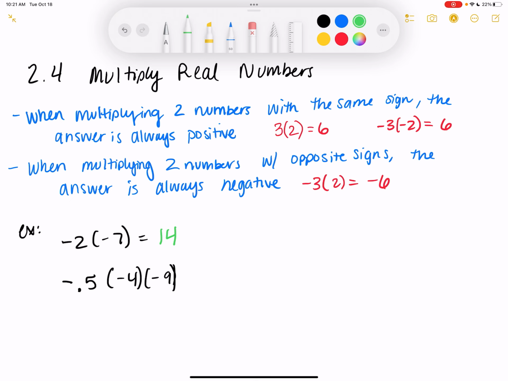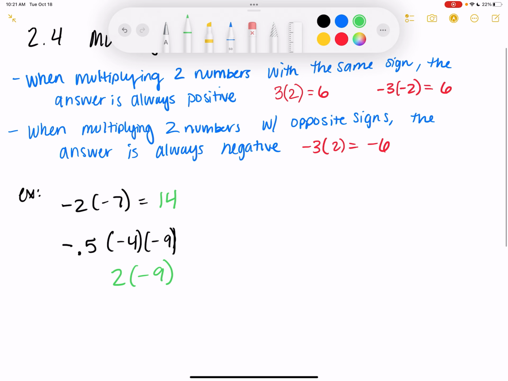And both were negative, so what does that mean? Positive. So this is going to be positive 2 times negative 9. So what is that going to be? Negative 18, opposite sign, so always negative.